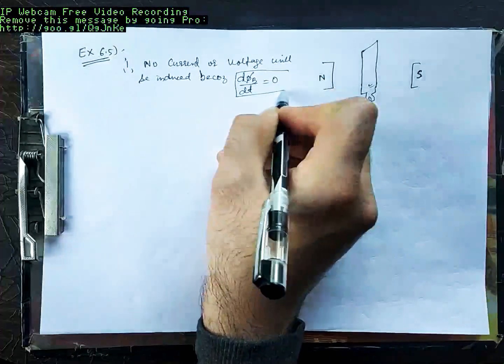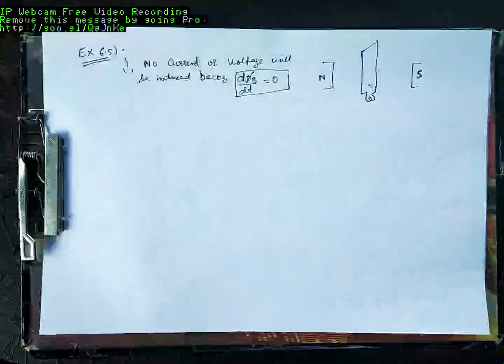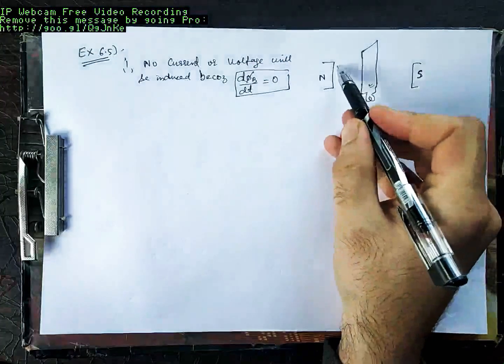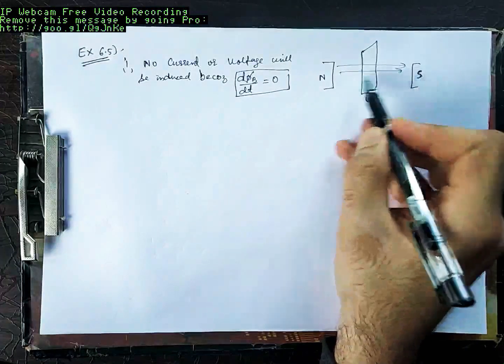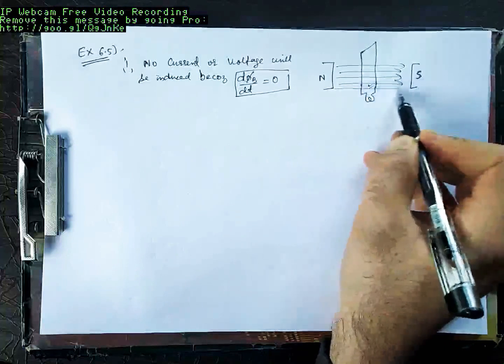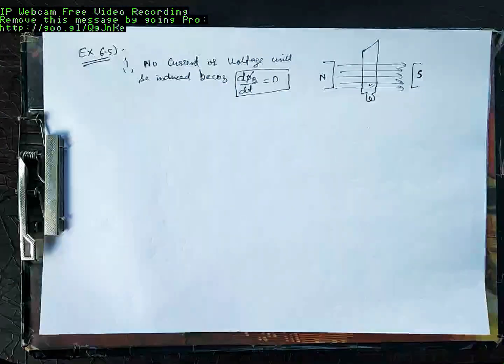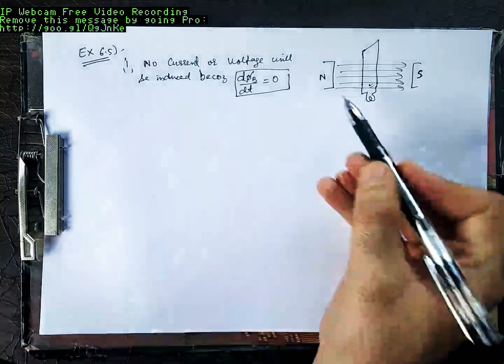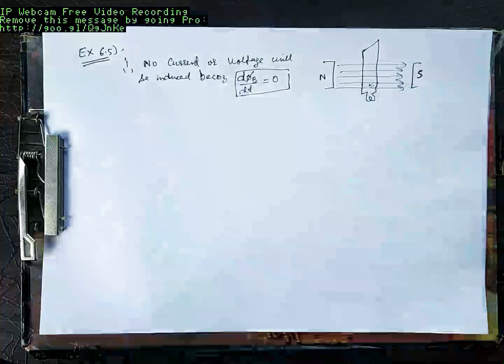There is no change in flux. Though there is flux passing through this loop, we already know that EMF is not induced because of the flux. It is induced because of the change in flux. Here change in flux is 0. So no EMF is induced. Fine.